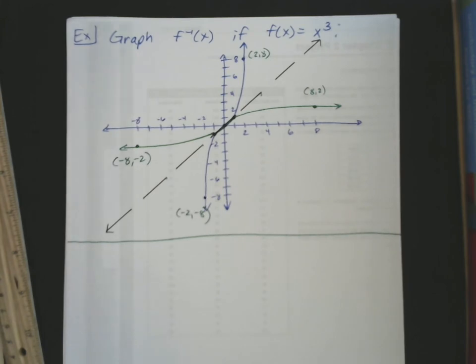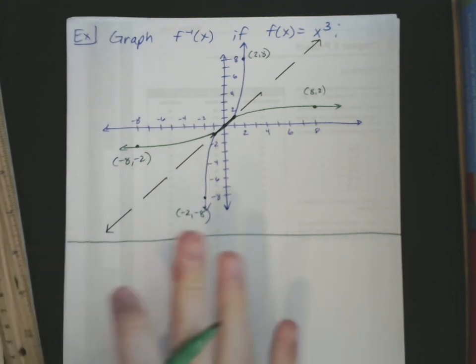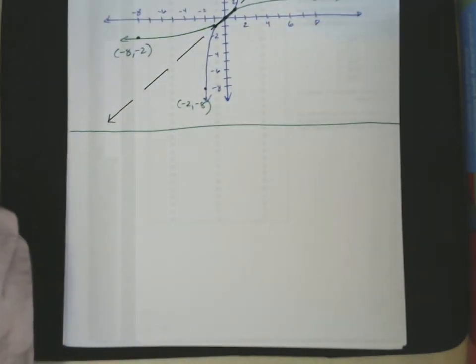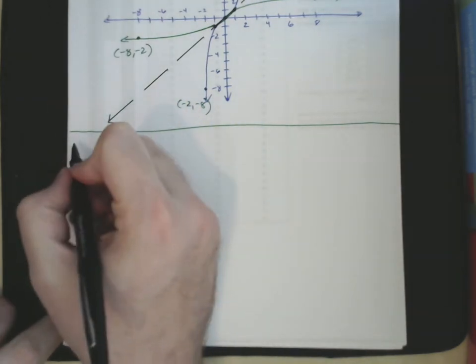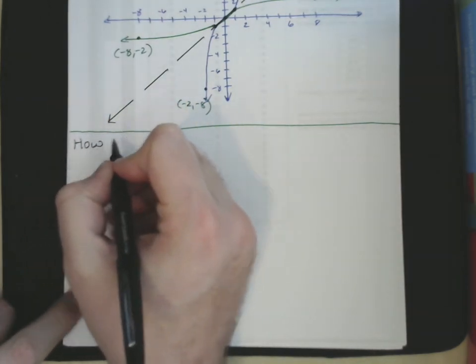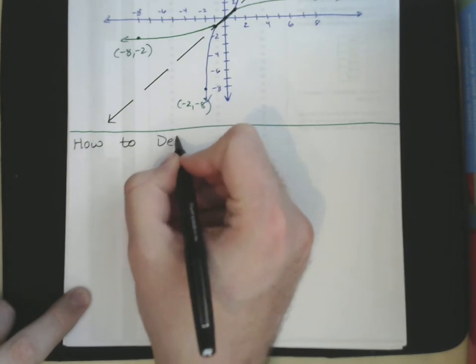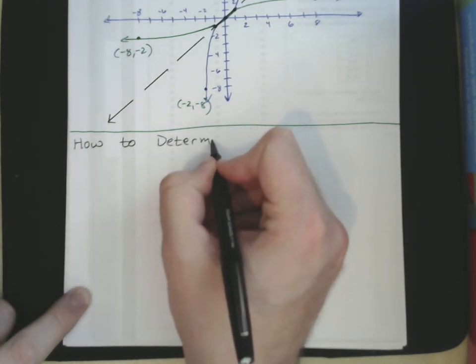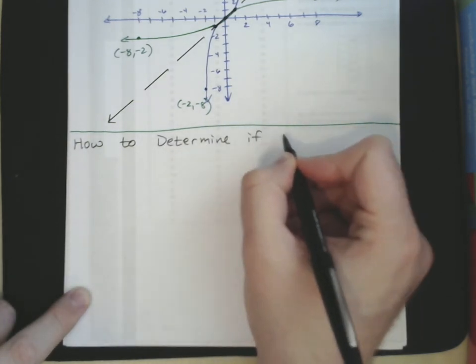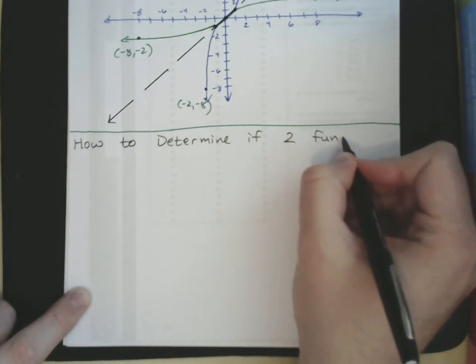So now we've seen how to find inverses of equations, of points, and of graphs. The more common thing that we get told to do is, here's two functions, tell me if they're an inverse. So this is how to determine if two functions are inverses.